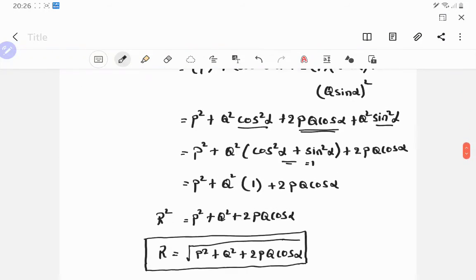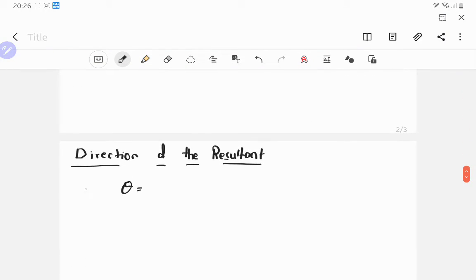So for that I am taking tan theta, which is opposite by adjacent.